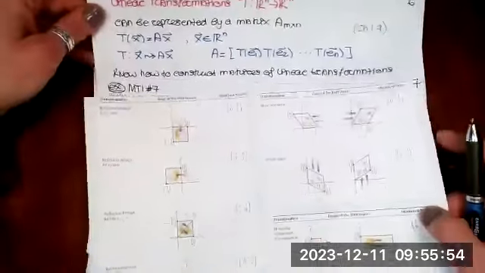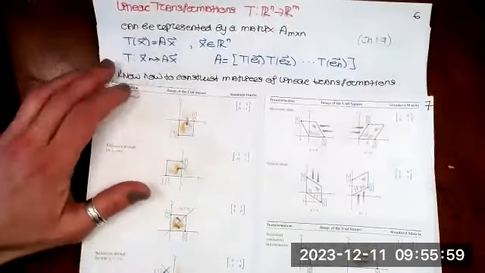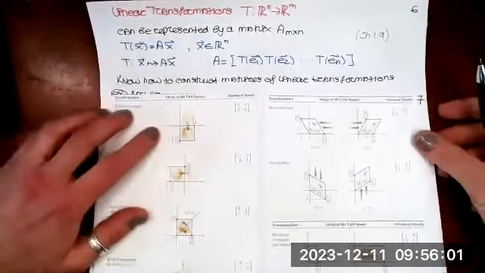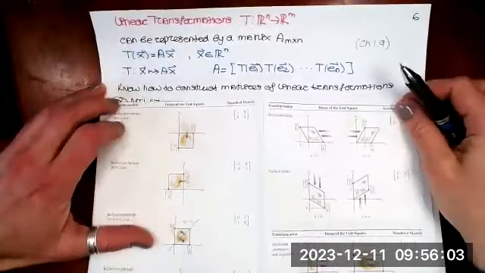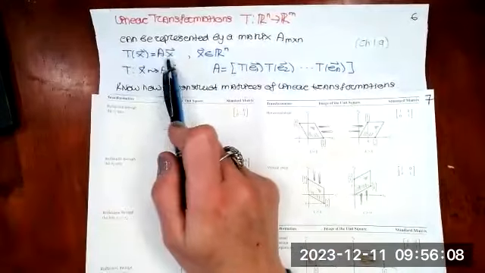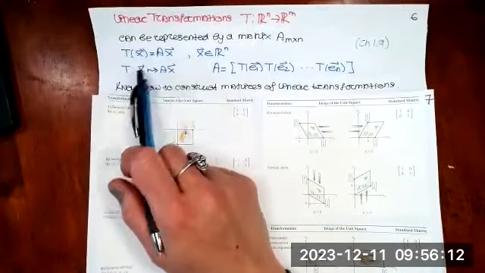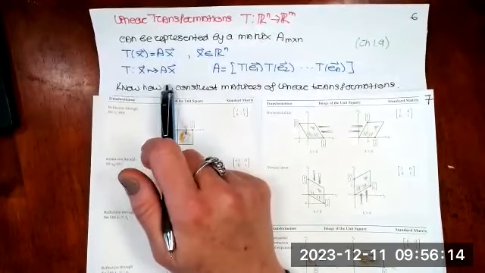So when we're looking at how we construct matrices for linear transformations, if I know that my linear transformation is expressed by matrix multiplication, right?